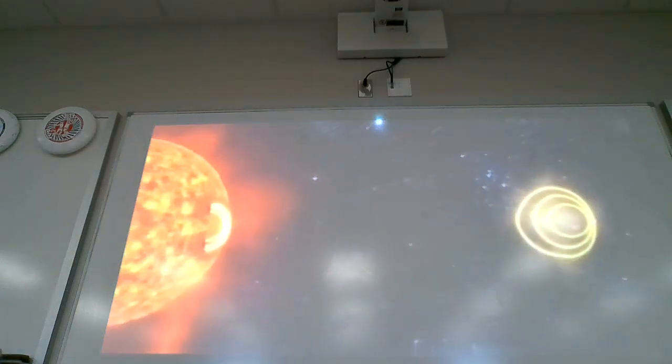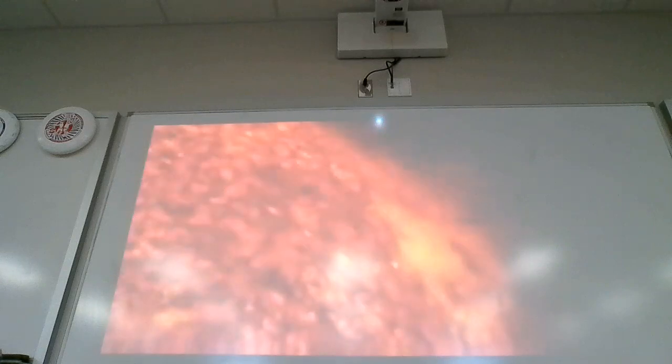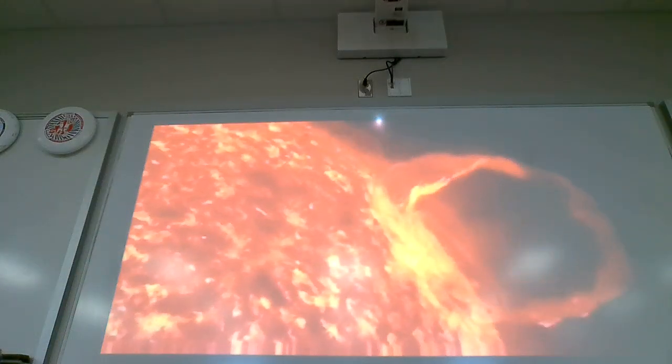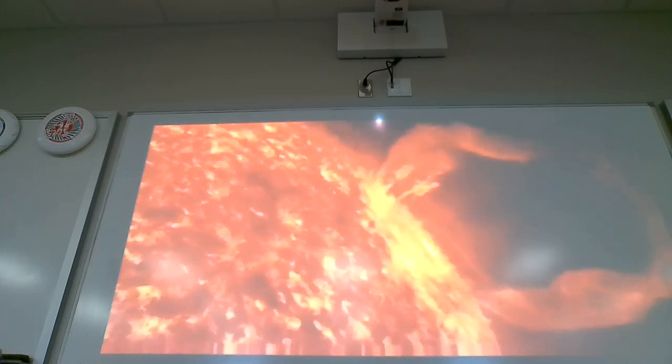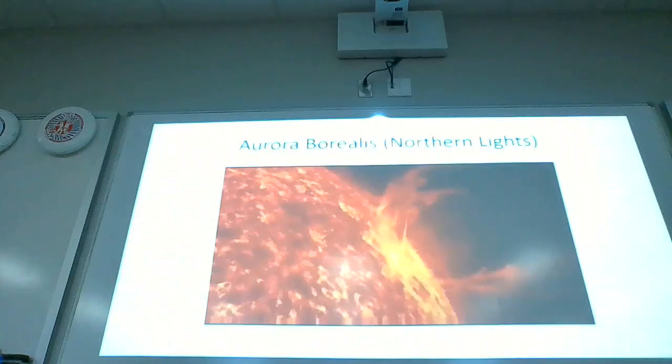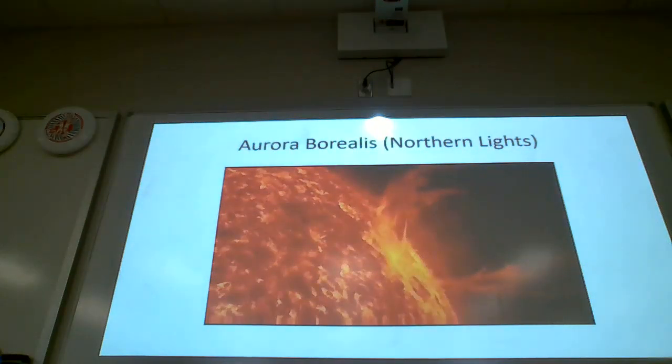This is called a solar storm. Okay, so you've got a lot of moving charged particles creating their own magnetic field. Okay, that was the rubber band analogy.